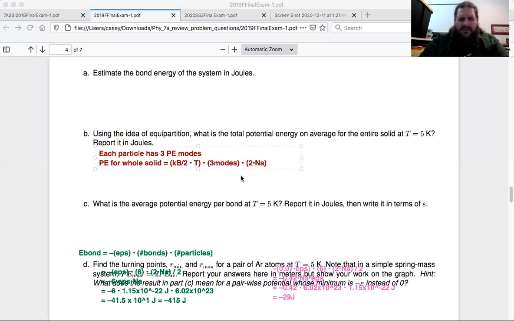Although I think we're going to need to be careful about that, because that's the potential energy portion of the thermal energy. But potential energy includes that portion of thermal energy, and also bond energy counts as potential energy.